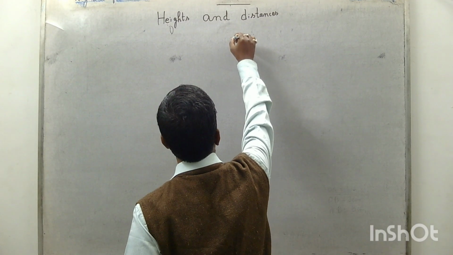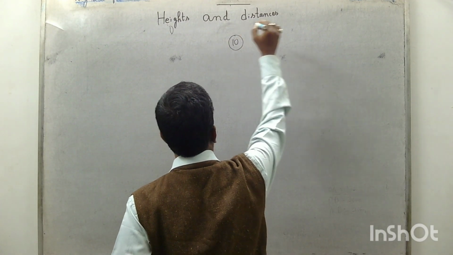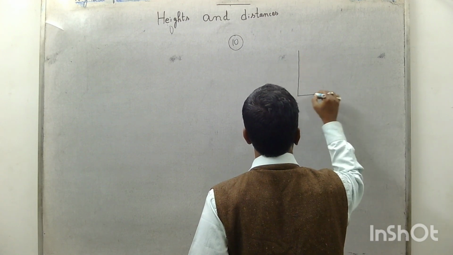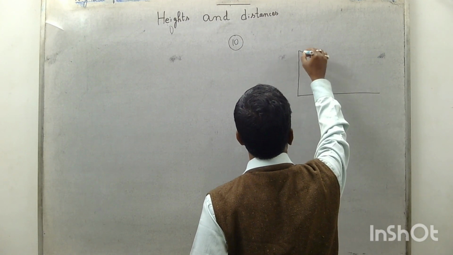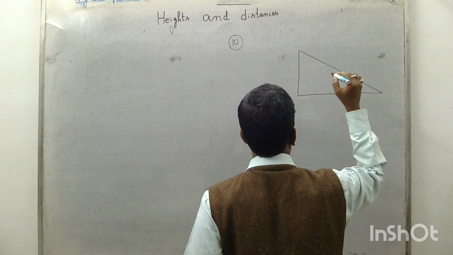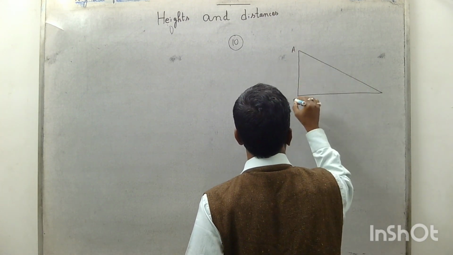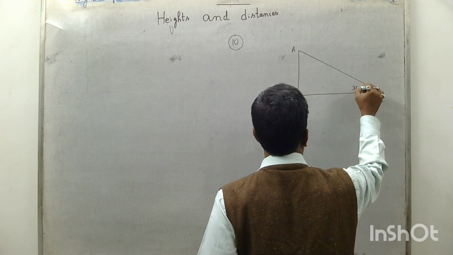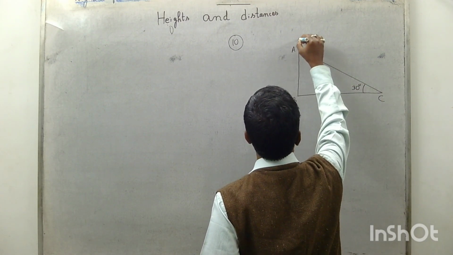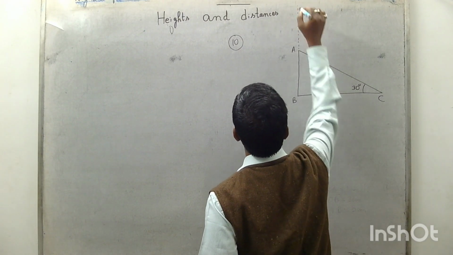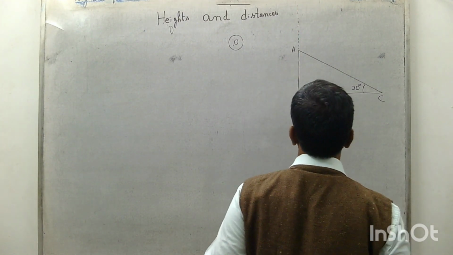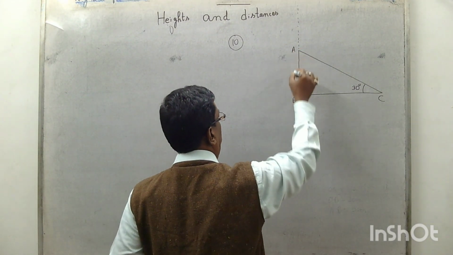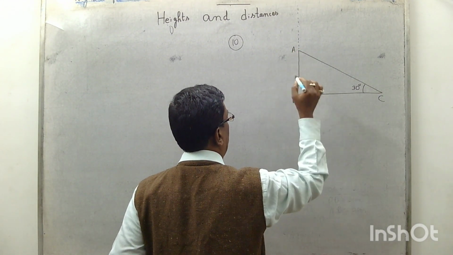Question number 10. AC is the broken part and AB is the remaining part which is standing above the ground.